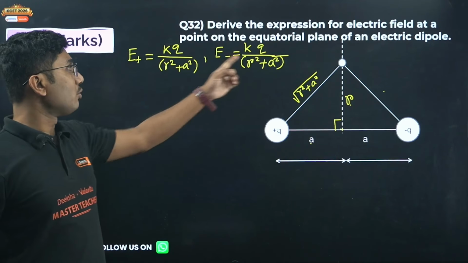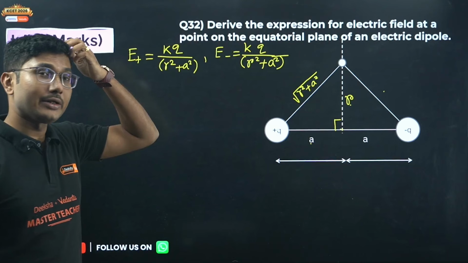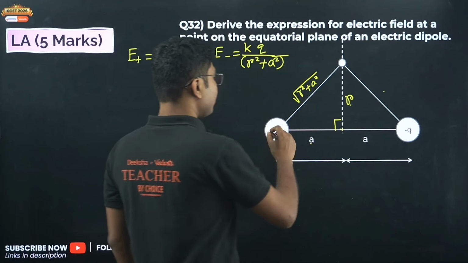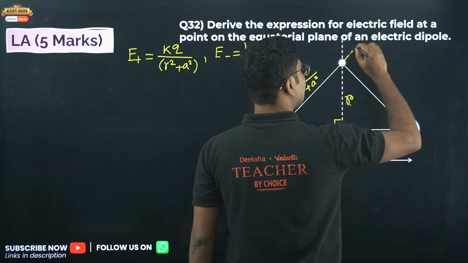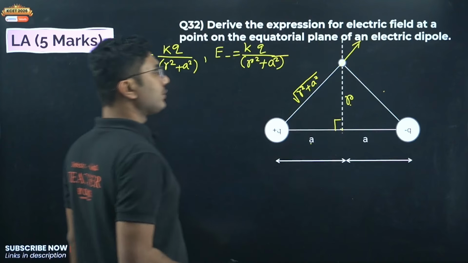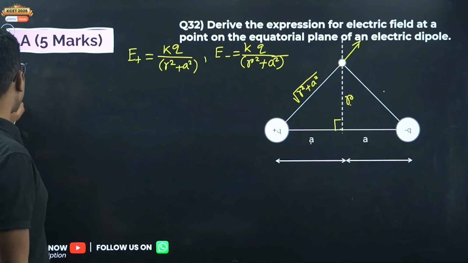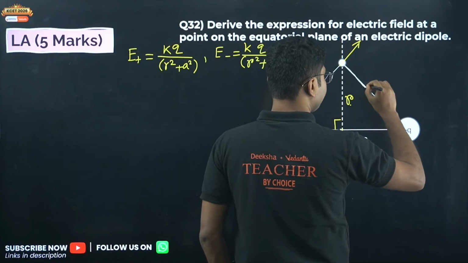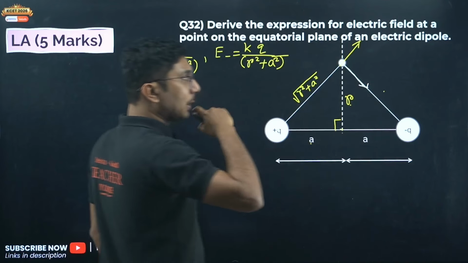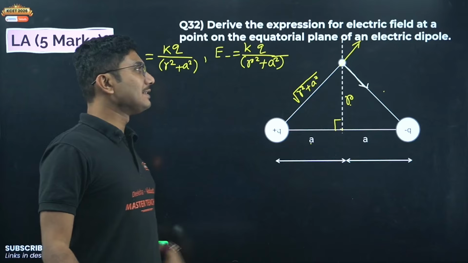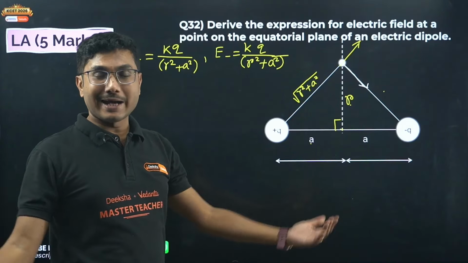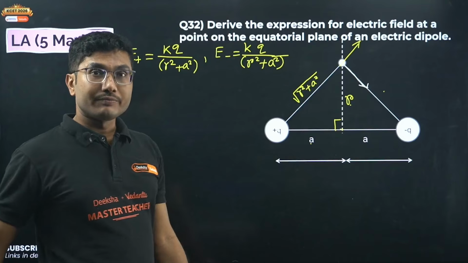Now we see that both electric fields are the same in magnitude. What about the direction? The positive electric field is always away from the charge, and the negative electric field is always towards the charge. In this case the electric fields are in completely different directions, so we cannot simply add or subtract, we have to add them vectorially.